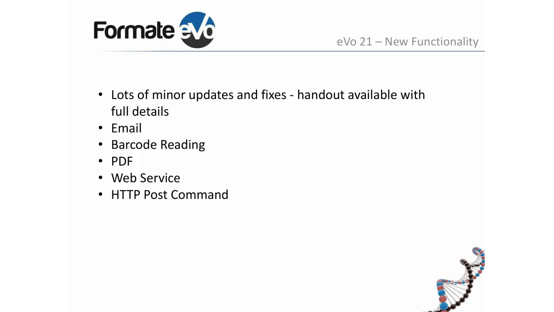There is a handout available, which we'll make available at the end of this session, that covers all of the major updated items and new functions in eVo 21. We'll also have a quick look at email and look at some of the improvements we've made there. Likewise with barcode reading.